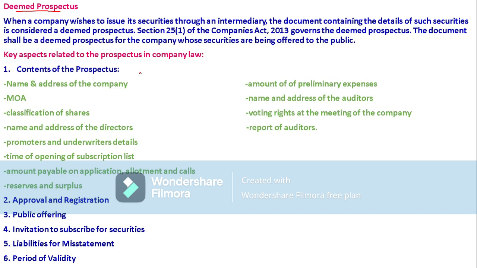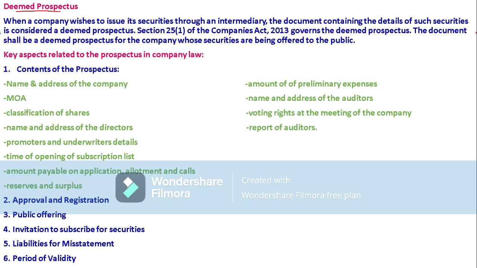The first one is the content of the prospectus. What contents are there in the prospectus? What information is given in the prospectus is known as the contents of the prospectus.